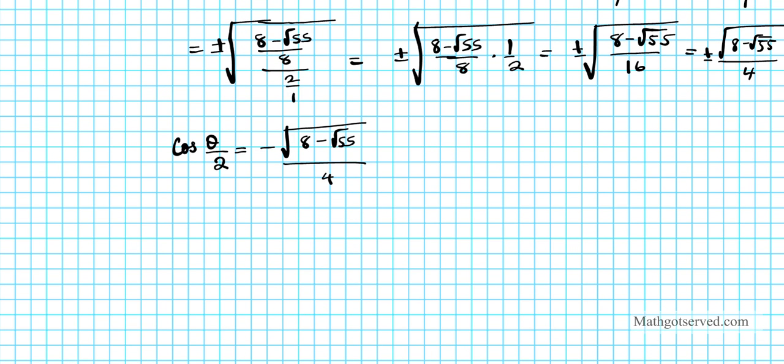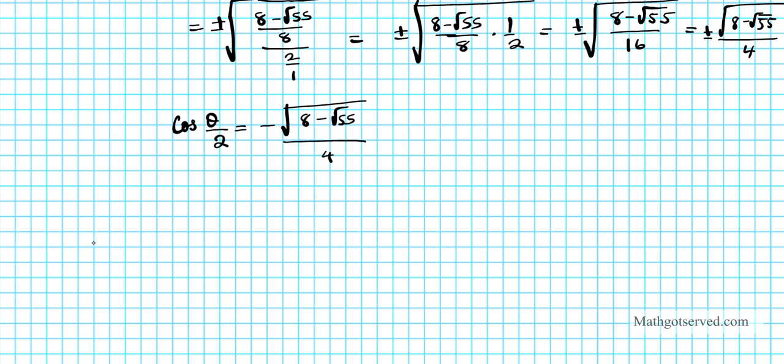Let's take a look at the C part, which is tan theta over 2. For tan theta over 2, we're going to be using one of the variations of the half angle identity for tan, which is sine theta over 1 plus cosine theta. Alright, so let's plug in the values of sine theta and cosine theta that we had before.